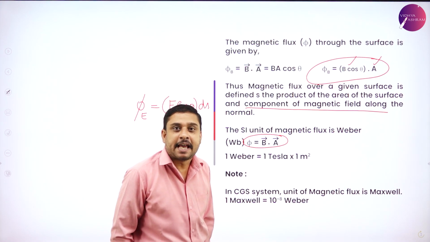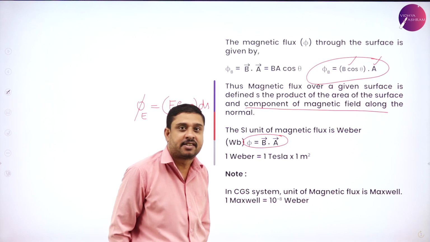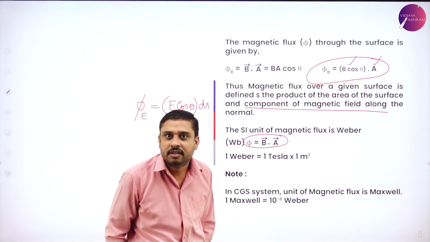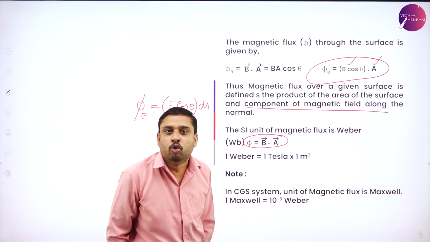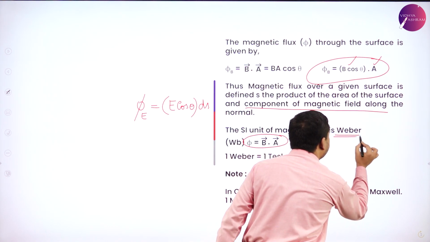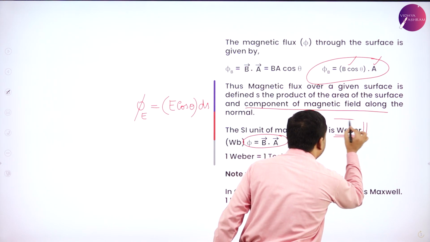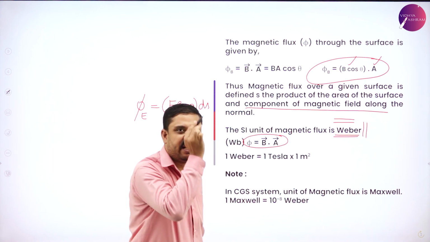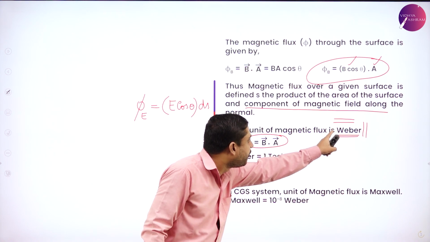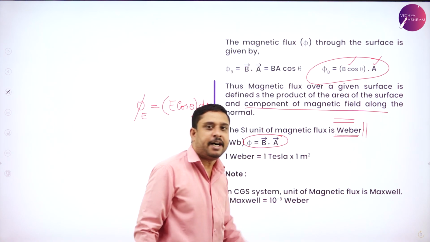Now, what is the SI unit of magnetic flux? Many times it is asked as a 1 mark question. The SI unit of magnetic flux is Weber. Keep in mind, very important, the SI unit of magnetic flux is Weber.